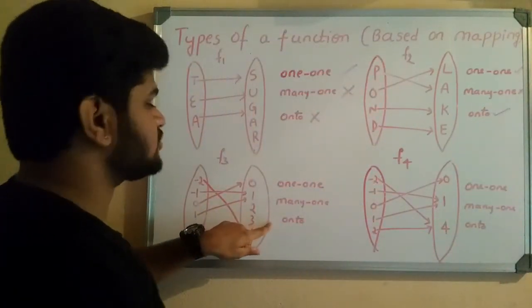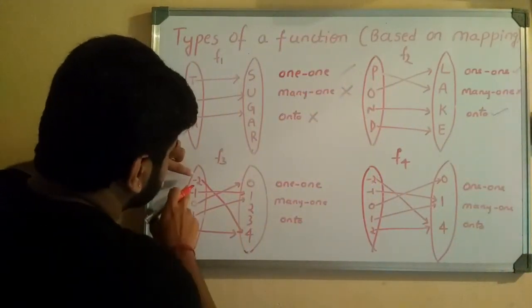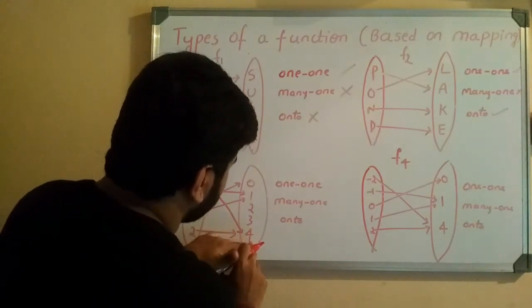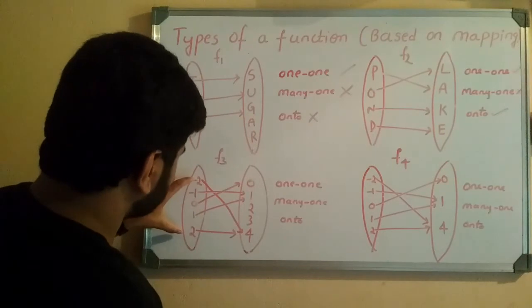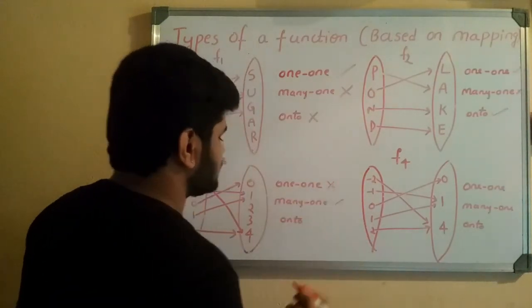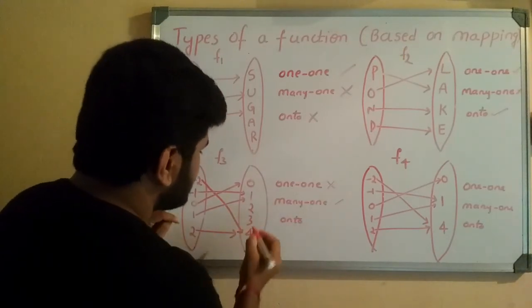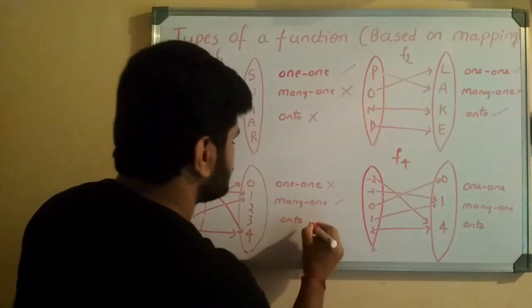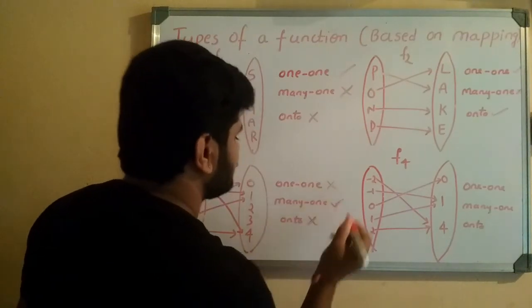So in the third question, here two elements in the domain map over to the single element in the codomain. Therefore this is a many to one function, not a one-one function. So onto function, here codomain is not equal to the range. Therefore this is not an onto function.